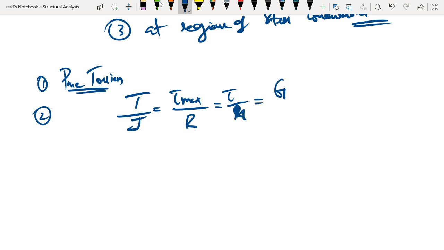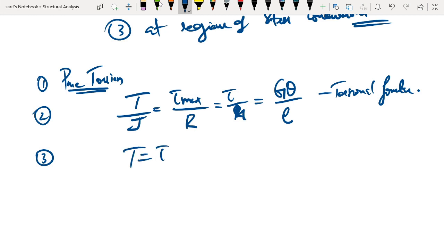This is equal to G theta divided by L, where G is the modulus of rigidity or the shear modulus, theta is the angle of twist in radians, and L is the length of the circular shaft. This was the torsional formula.